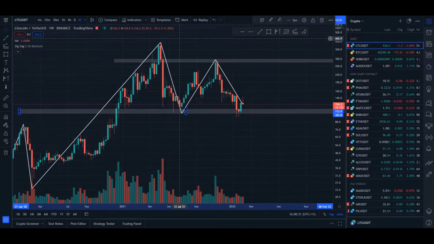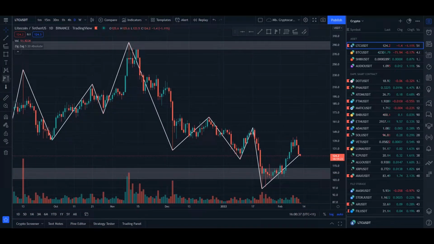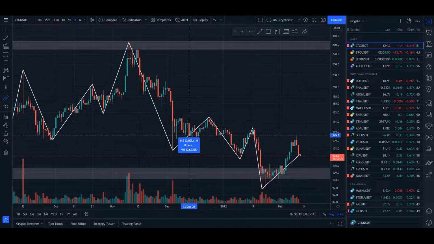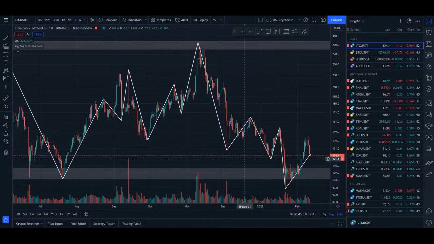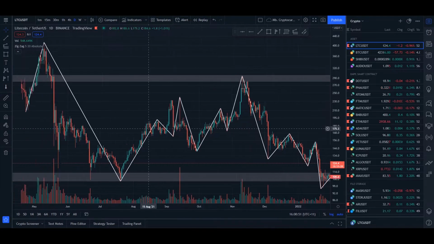With Litecoin, for example, you have to look at the majority of the candles. This one is like 9%. This one is a normal one, like 6%. So it is normal to expect 6 or 7% up and down in a candle. For Litecoin, as I'm saying, that is kind of normal.